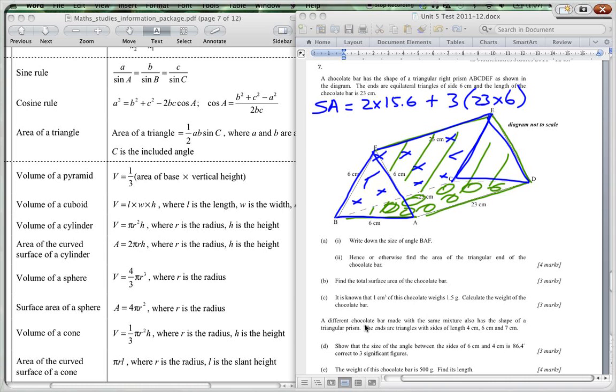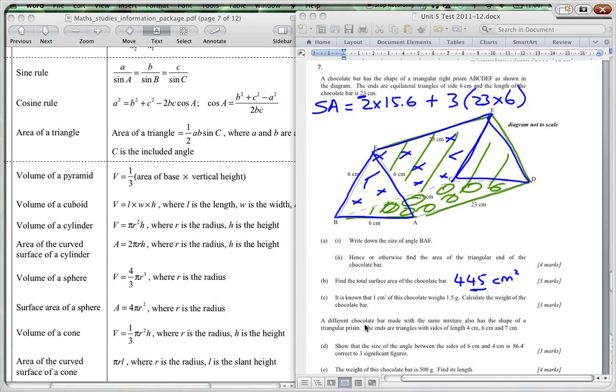It'll be 2 times my 15.6 plus 3 times 23 times 6, and I get a total surface area of the chocolate bar of 445.17 centimeters squared. We are given these are all two significant figures, so that should be more than accurate enough.